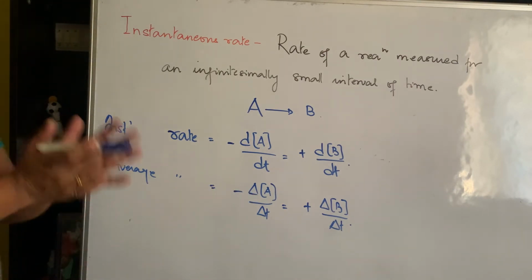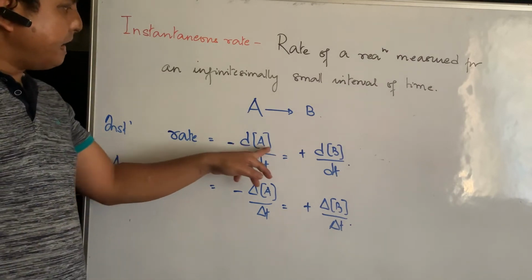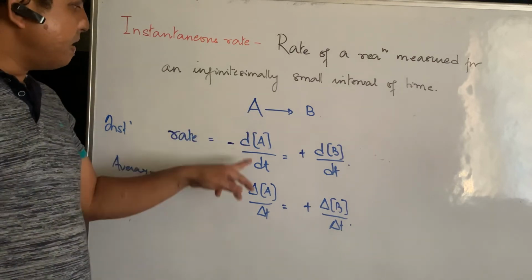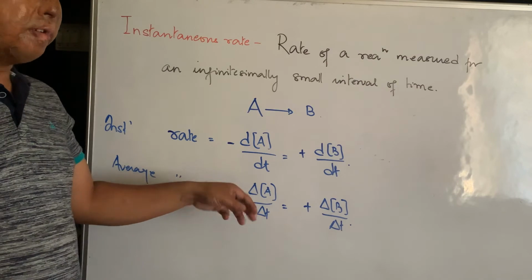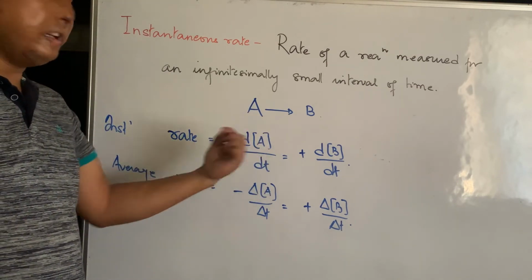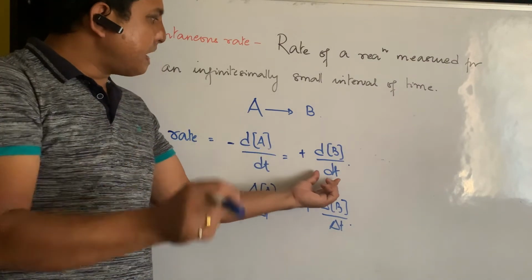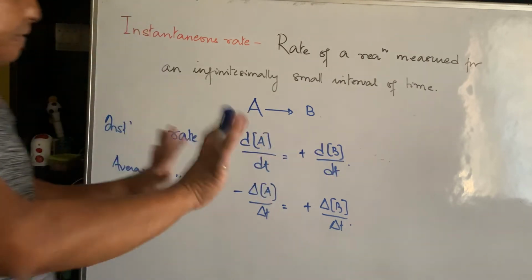And whenever the change is very small, it is represented by this. So dA represents a very small change in concentration of A over a very small change in time dt. Over a very small interval of time dt, what is the change in concentration of B? dB. Everything else will be the same.